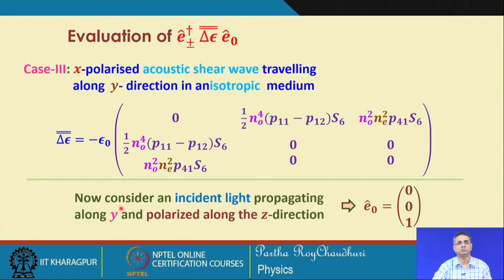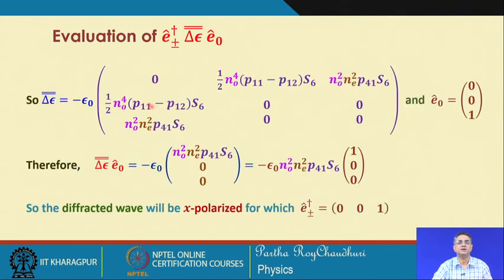So, consider propagating along y direction and polarized along the z direction. Under this situation, delta epsilon E will be given by this quantity 0 0 1, and therefore, delta epsilon E into this will give you 1 0 0.